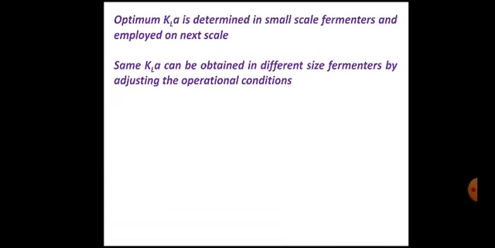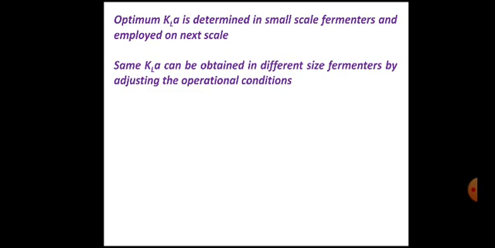The optimum KLA, meaning the required KLA, is determined in small scale fermenters and it is employed on the next scale. So the KLA value that will give you the higher productivity is calculated on small scale, and we try to maintain the same KLA value in the next level fermenter by modifying different process variables.